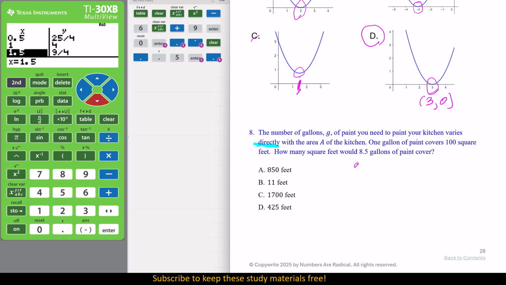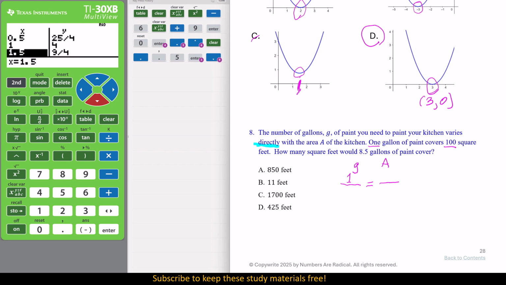All right, if you did the other videos with me for the indirect and inverse, two ways they call that, inverse or indirect, either way, if you did those, you know what we're looking for. So I want gallons to area, and I will set up not quite a proportion. Let's call this a comparison, okay? So if I have 1 gallon, now I know 1 gallon here is 100 square feet.